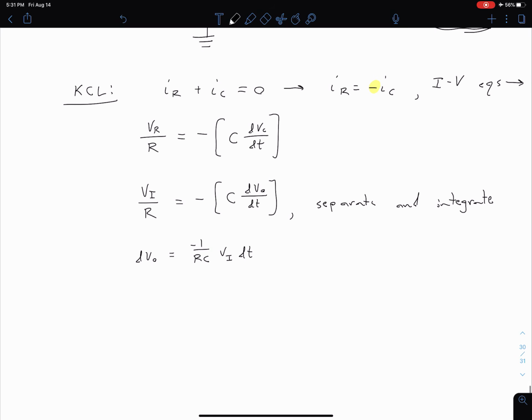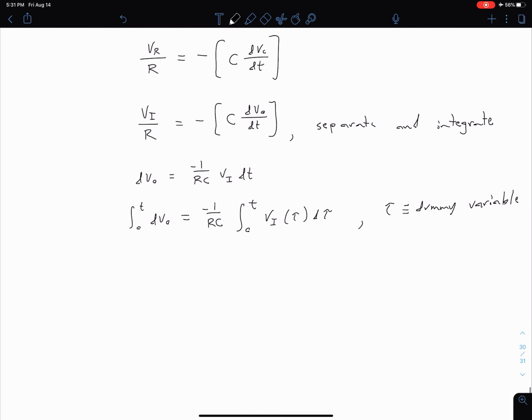When we integrate, we'll have the integral from 0 to t of dV out is equal to negative 1 over RC, that's a constant, so we can just pull that out front of our integral, times the integral from 0 to t of VI of tau d tau, where tau is just a dummy variable that I've used because I have t in my limit, so I don't want to have t as a variable and t in my limits.